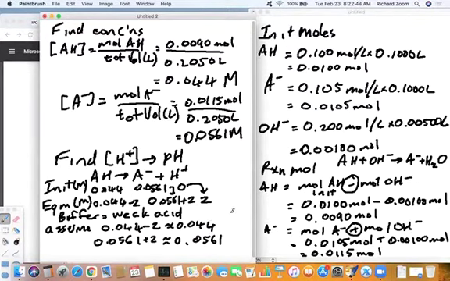So we don't even have to validate that. We can make the assumption because the buffer consists of a weak acid and its conjugate base by definition.